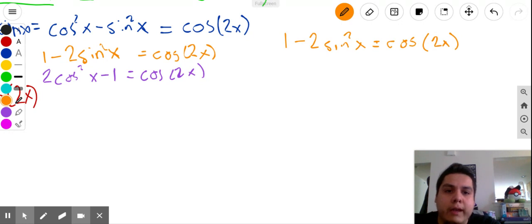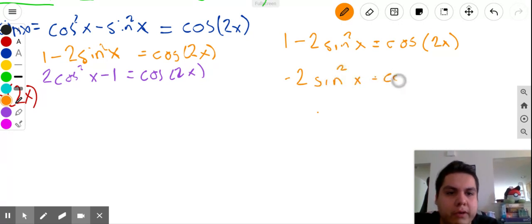That means that negative 2 sine squared of x is equal to cosine of 2x minus 1. Divide all that by a negative 2.